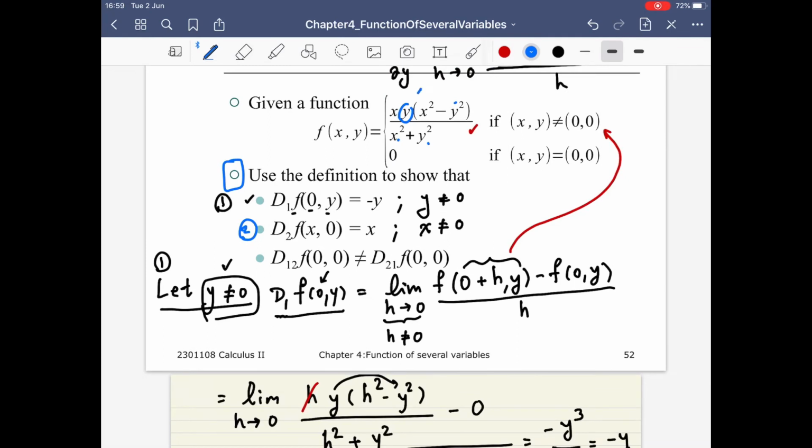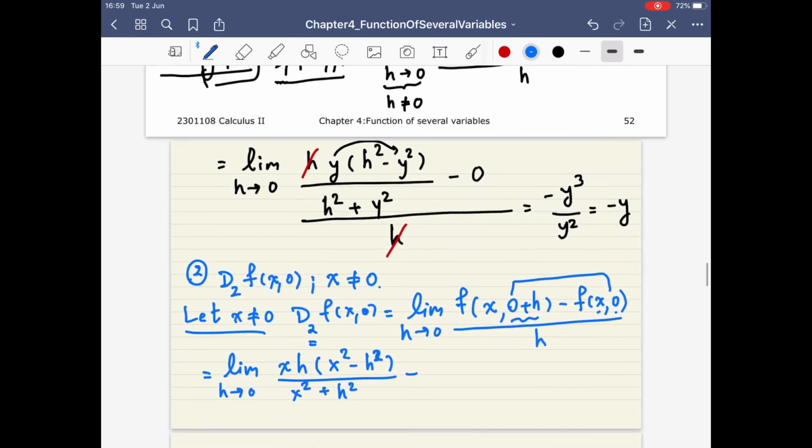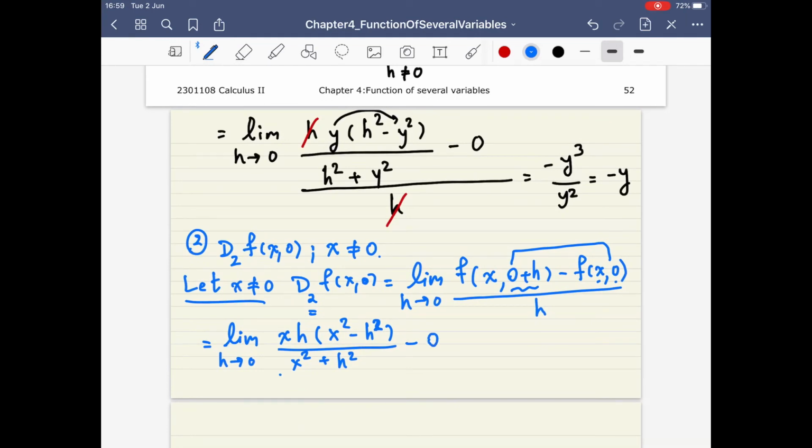So as you fix your y to be 0, you got a 0 over x square, which is 0 again, over h. Okay, don't forget this one. So as you continue, you can see that this h cancels, and then as your h goes to 0, this one goes away, this one goes away, but this one still has the x cube.